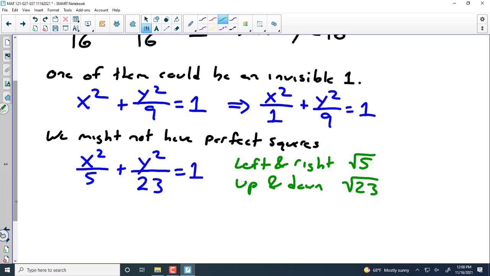If they're not perfect squares, we still have to take the square root of them to find out how far we go left, right, up, and down. Even if they're not perfect squares, which is annoying, we won't do a whole lot of these, we're still forced to take the square root. And then you use a calculator to get a decimal approximation of how far you should go.